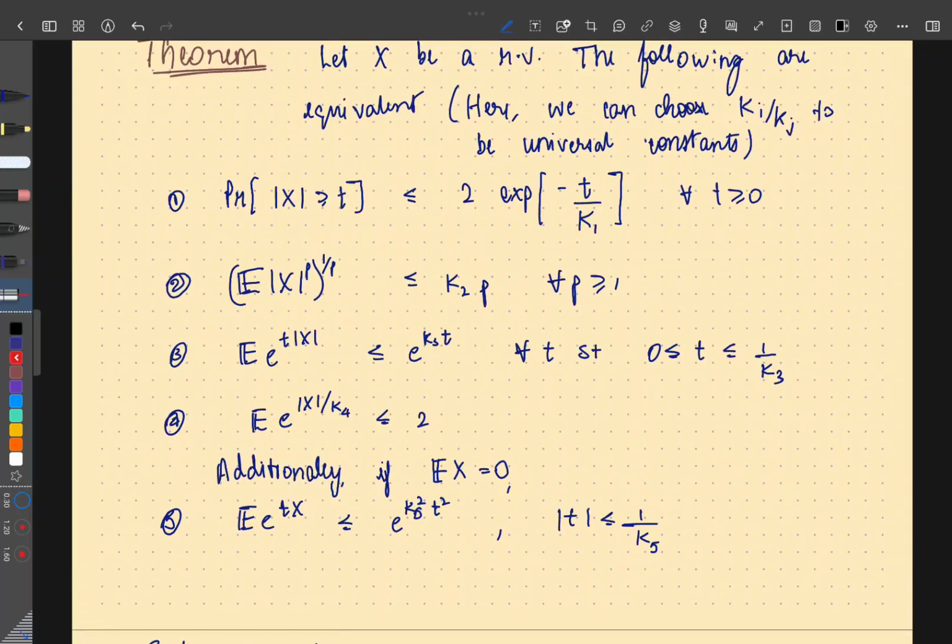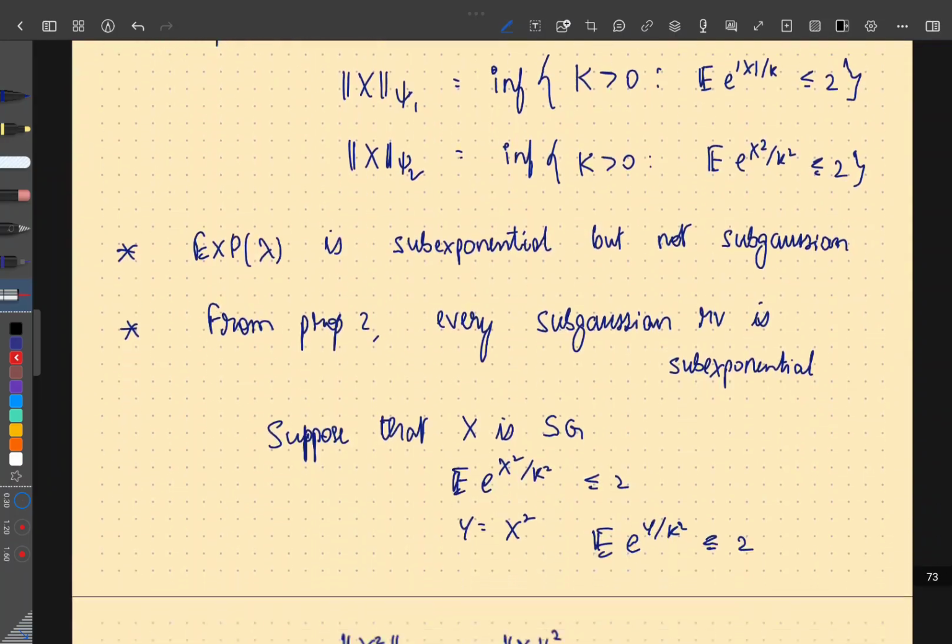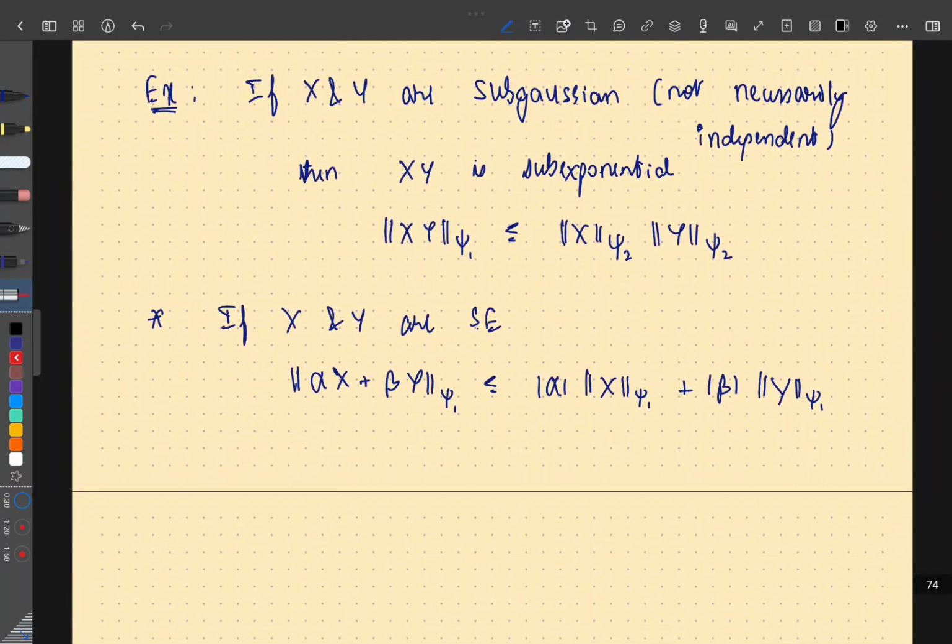So over here, if you look at the random variable xy, then this decays as e to the minus t times k, but what is this k equal to? It is something that is smaller than the product of the sub-Gaussian norms.